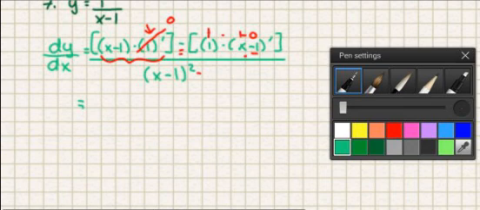So let's rewrite this. Take the negative sign, and then after you simplify this, it's going to be 1. And that is all over x minus 1 squared. Okay, so that was your first derivative, and now on to the second derivative.